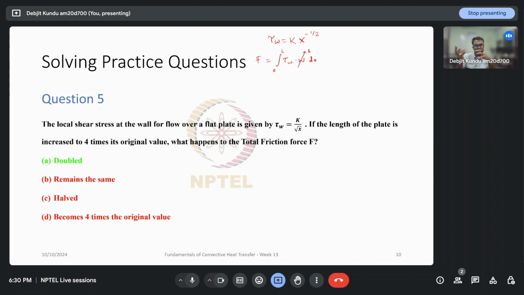You have to multiply the area with the shear stress to find the shear force, and that is for an elemental area of length delta x.